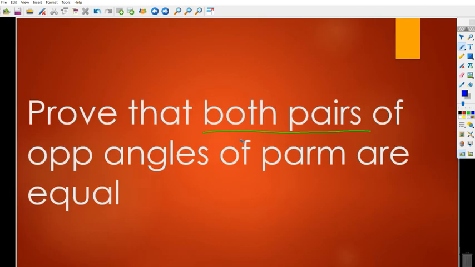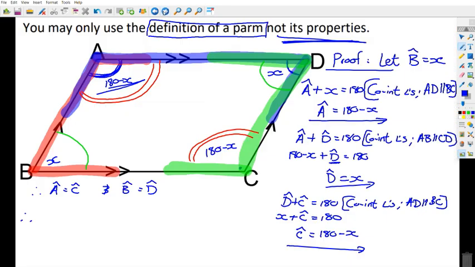I just proved that both pairs of opposite angles of a parallelogram are equal. Isn't that beautiful, guys? Beautiful, beautiful, beautiful.